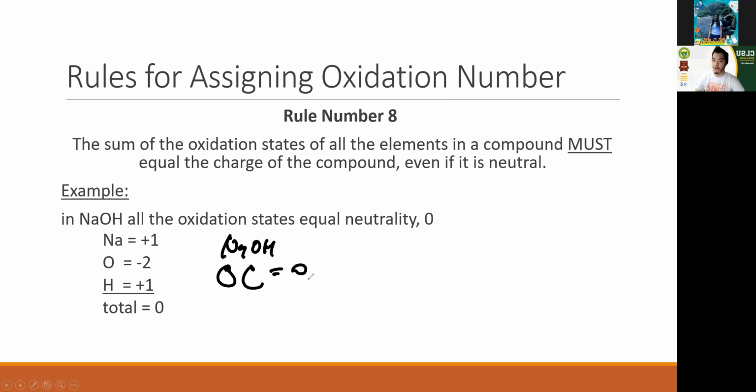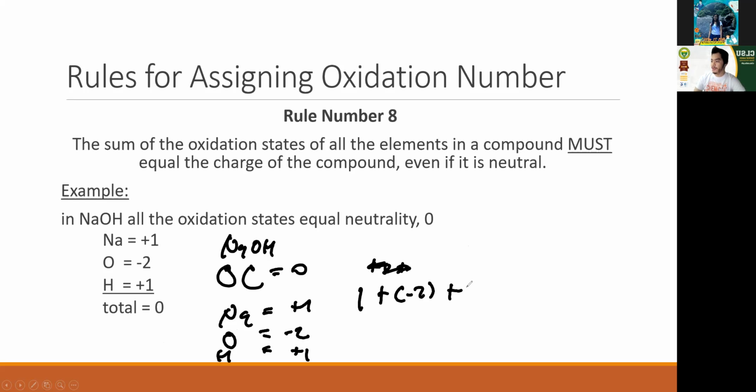Paano ba naging 0? Kasi, from yung rules kanina, di ba, since group 1, Na is positive 1, oxygen is negative 2, and then hydrogen is positive 1. Pag kinumpute natin ito, 1 plus negative 2 plus 1 equals to 0.